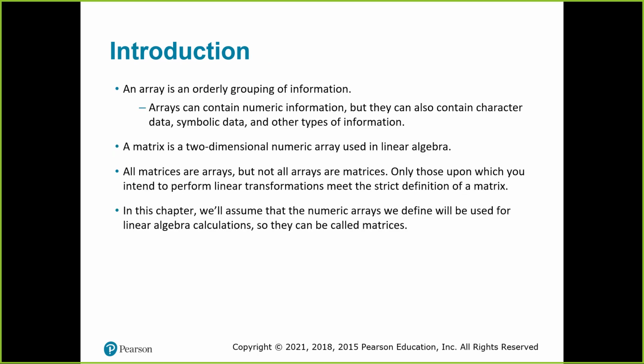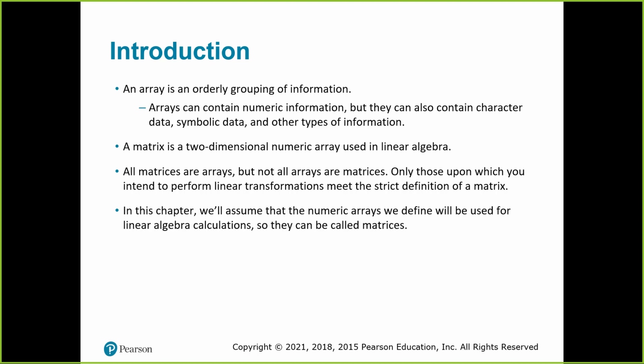So our introduction today: an array is usually a grouping of information, be it character data, symbolic data, names, numbers. It could be just about anything. This array terminology has been introduced in the 6th edition. Prior to the 6th edition, we called everything a matrix. But technically, a matrix is a 2-dimensional numeric array used in linear algebra.